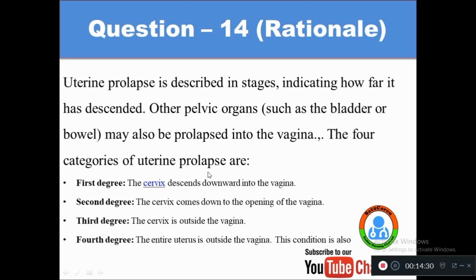The four categories of uterine prolapse are: first degree, in which the cervix descends downward into the vagina; second degree, the cervix comes down to the opening of the vagina; third degree, the cervix is outside the vagina; fourth degree, the entire uterus is outside the vagina. This condition is also a very serious condition.